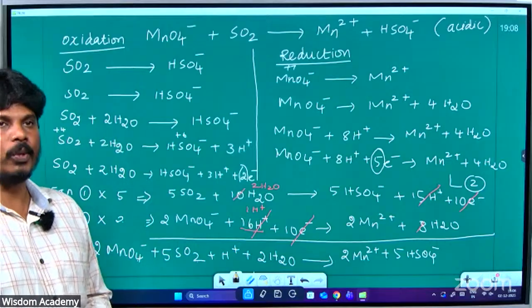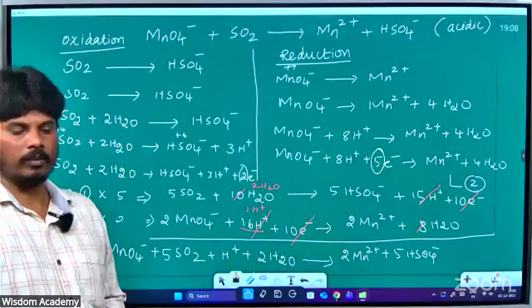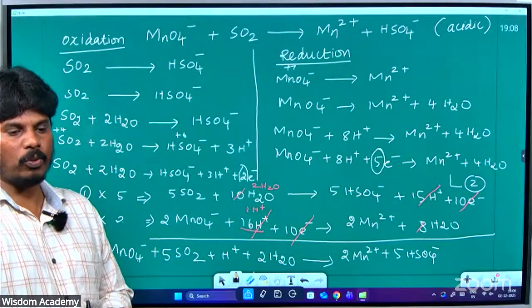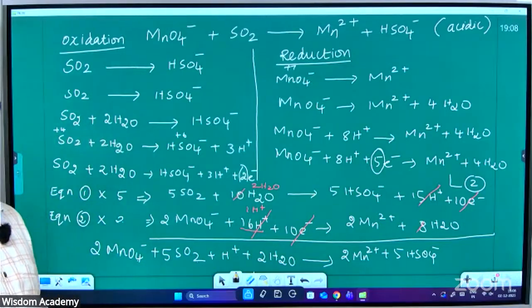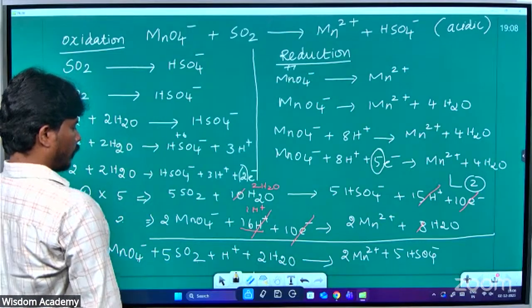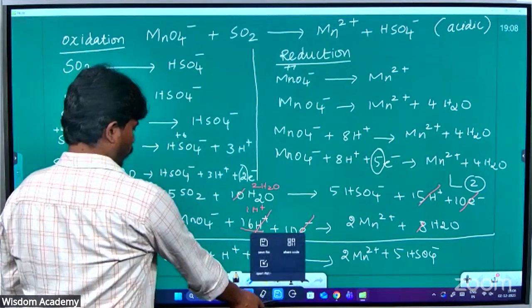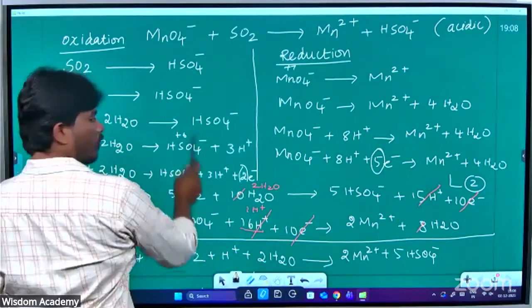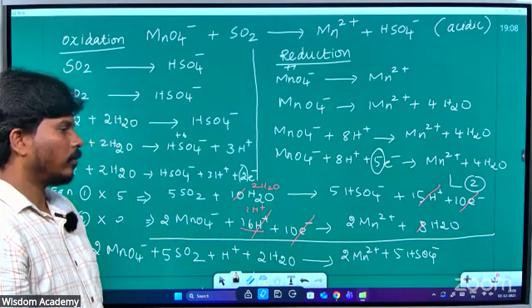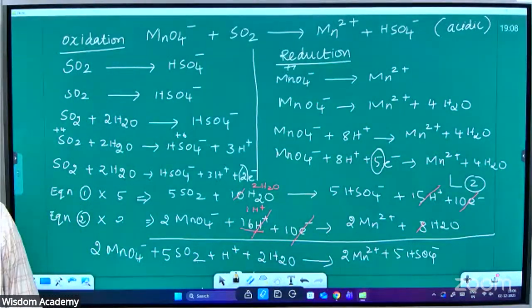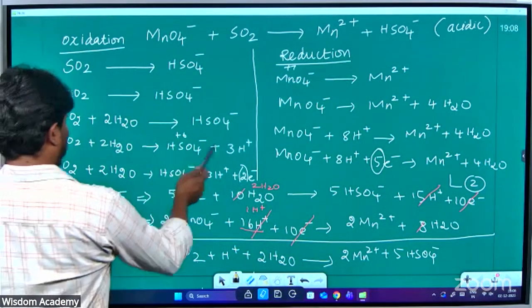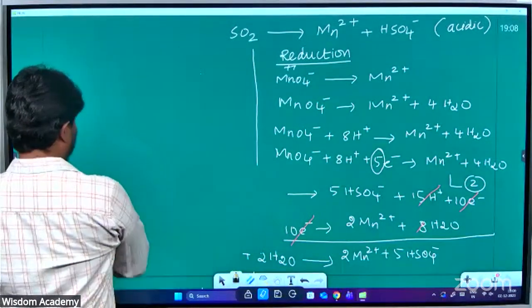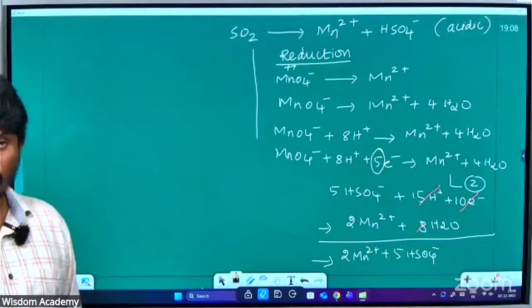Now some questions. Note down. Identify oxidizing and reducing agent in the following equations.